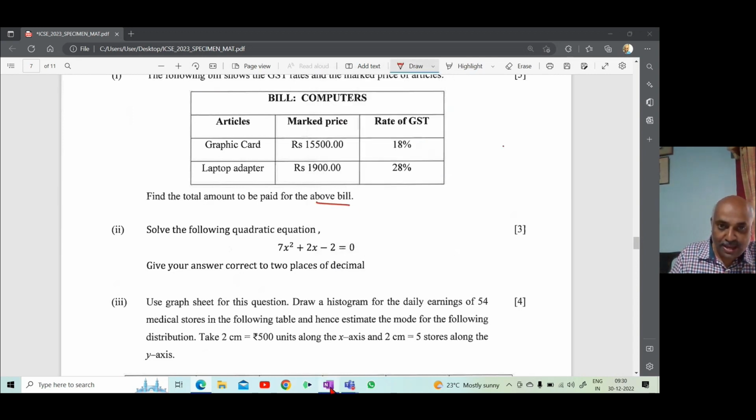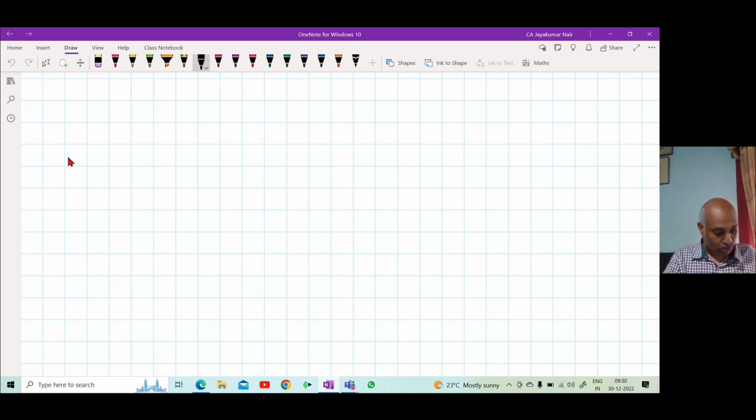Okay, so how do we solve this? So first one, this is question number 4, section B. Question 4, the first one. Graphic card marked price, you know. So I'll write graphic card.